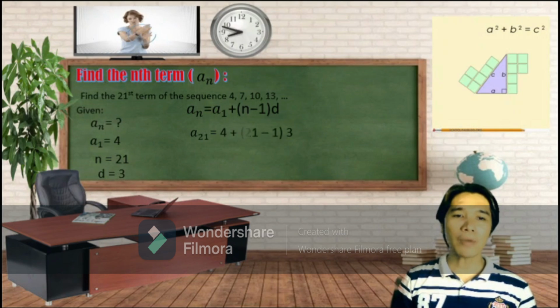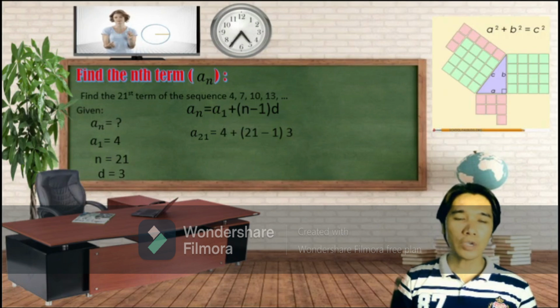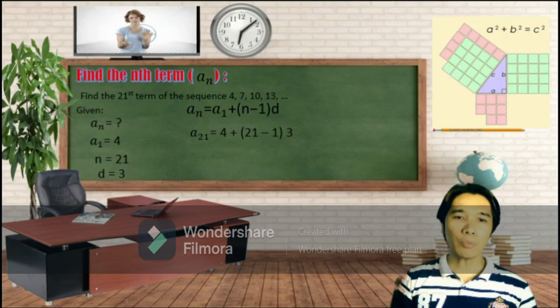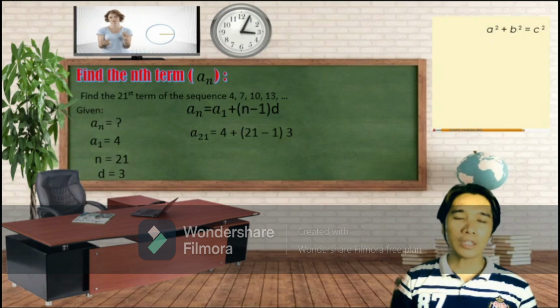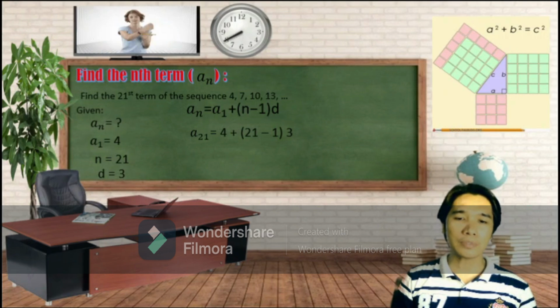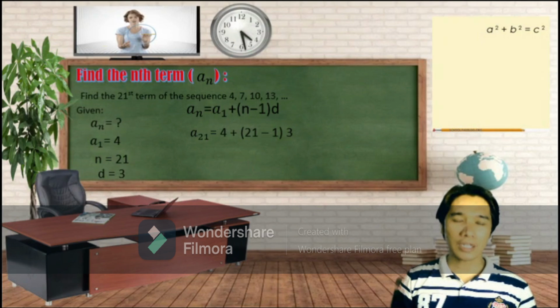So substituting the values, since we are looking for the 21st term, we have a sub 21 equal to 4, which is our a sub 1, plus the quantity of n minus 1, so our n is 21 minus 1, times the common difference, 3.